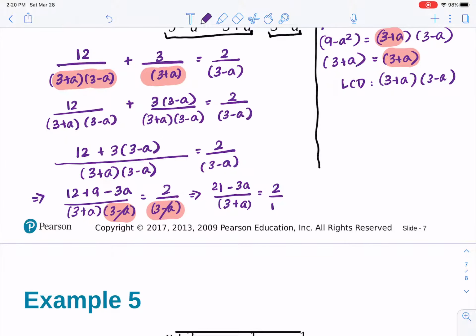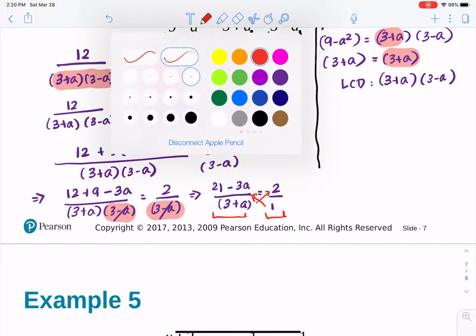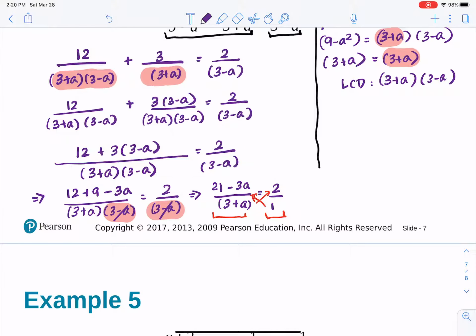Now we can cross multiply, because I have a single term on the left-hand side, single term on the right-hand side. So 21 minus 3a times 1 equals 2 times 3 plus a. 21 minus 3a would be equal to 6 plus 2a.